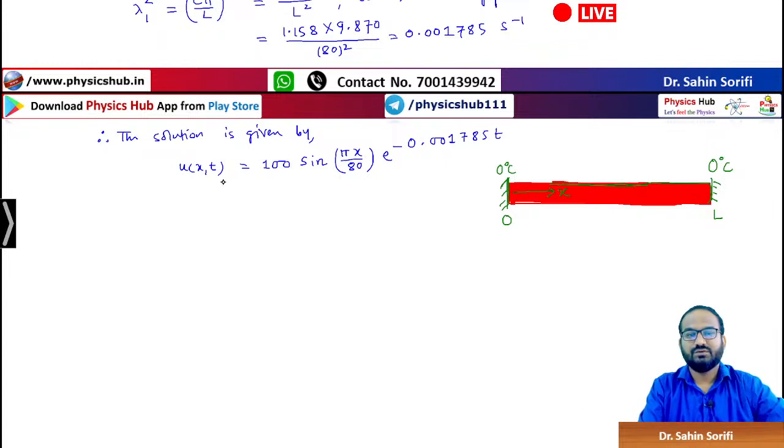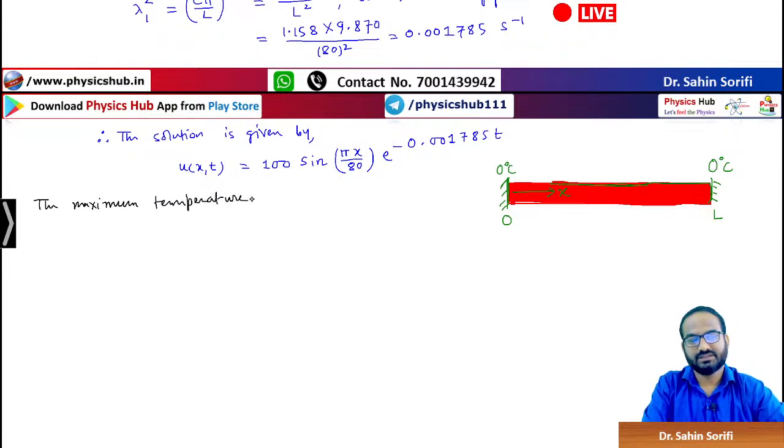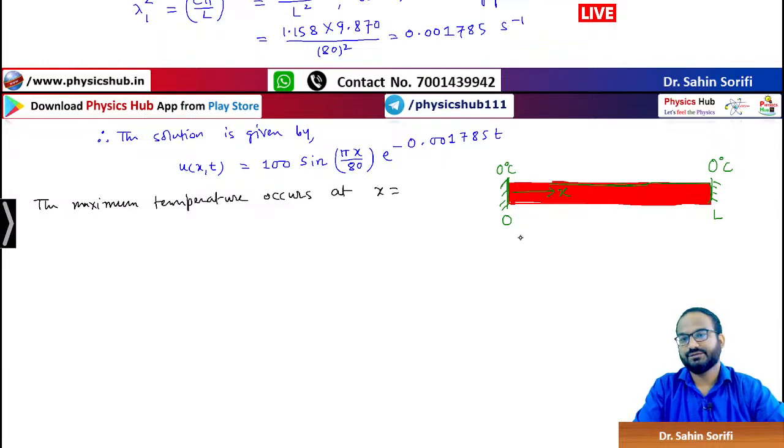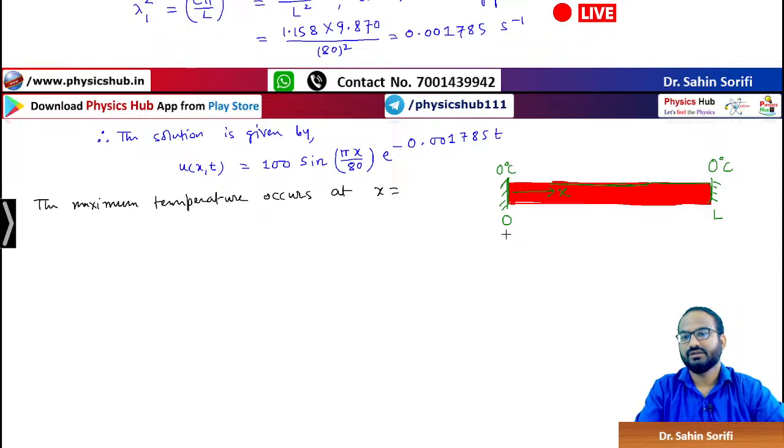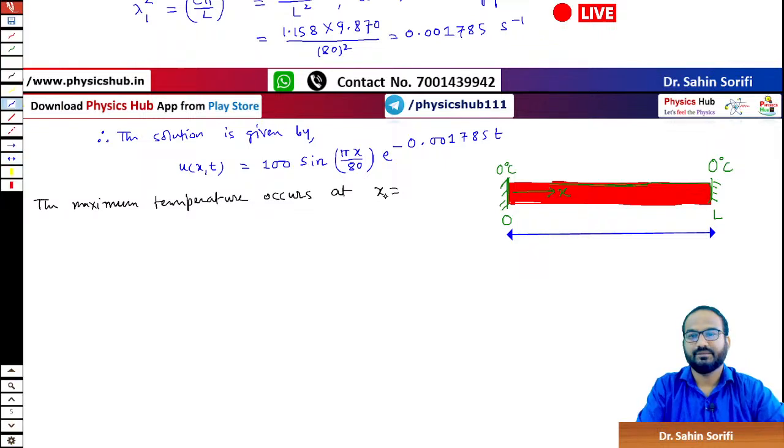Now as you can see, u of x,t will be maximum at what value? You see, the maximum temperature occurs at x equal to how many centimeters? The total length of this rod is 80 centimeter.